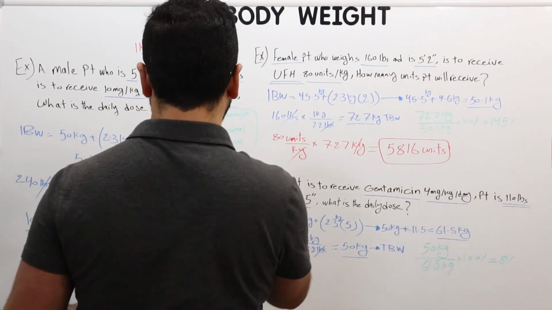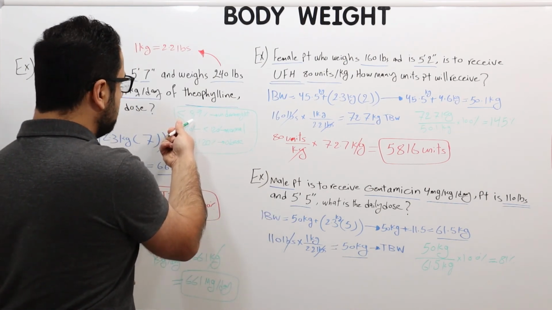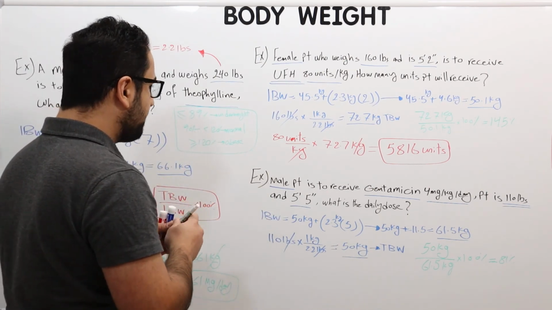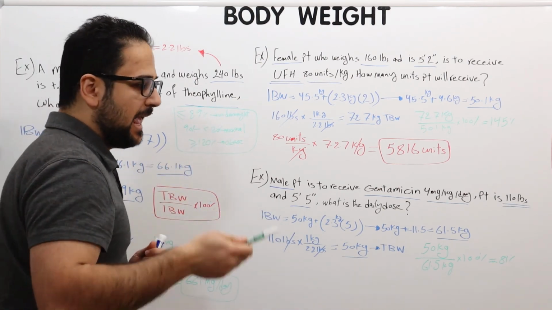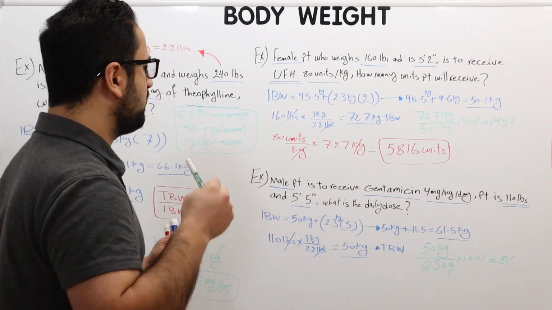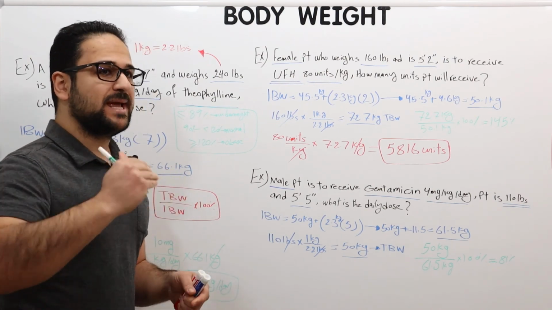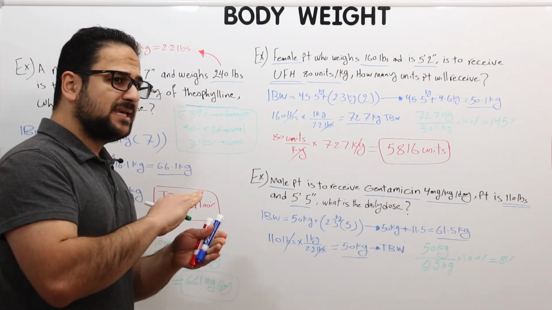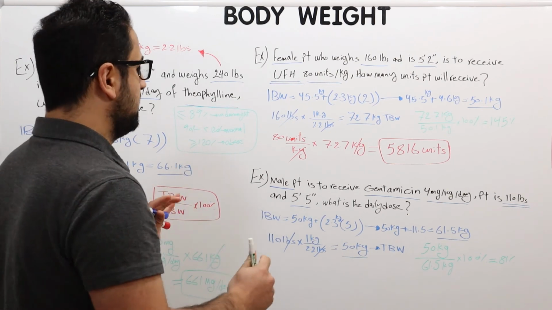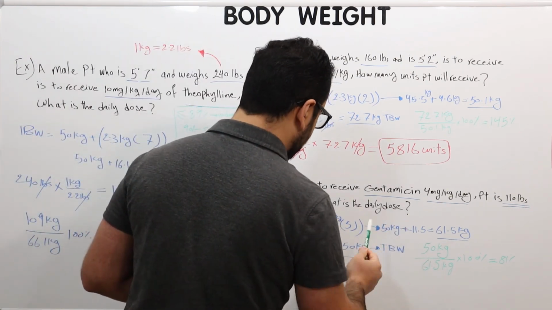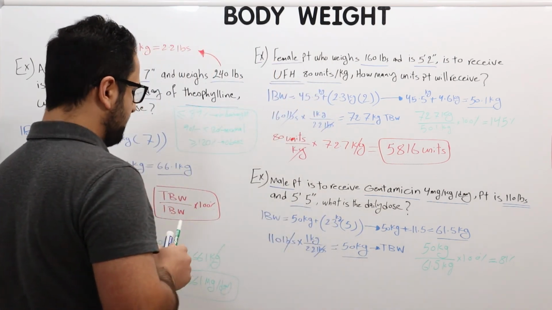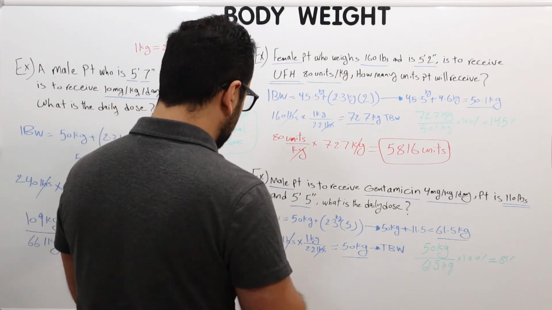So looking at this, 81% is less than 89. Therefore, in this case, the patient is considered underweight. And what we said last lecture is, when the patient is underweight, for all medications there is no exception. We're going to use the actual body weight or total body weight, which is 50 kilogram down here.